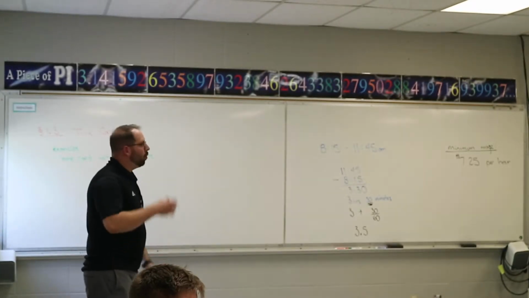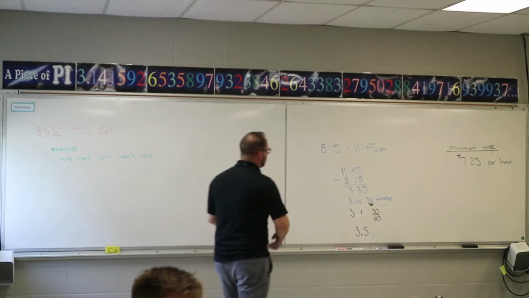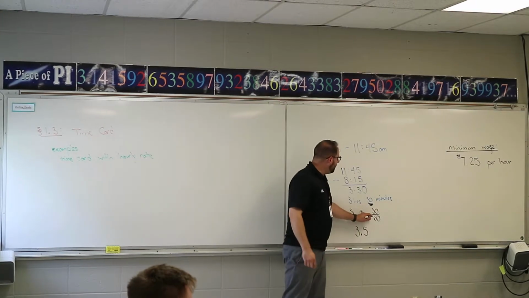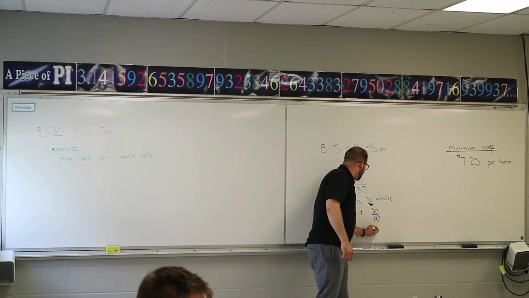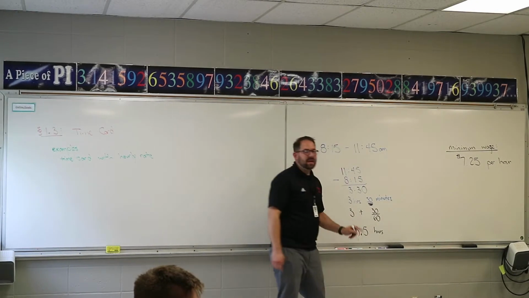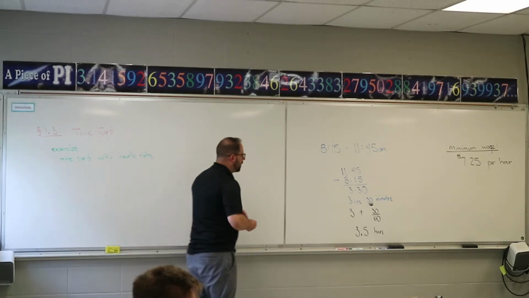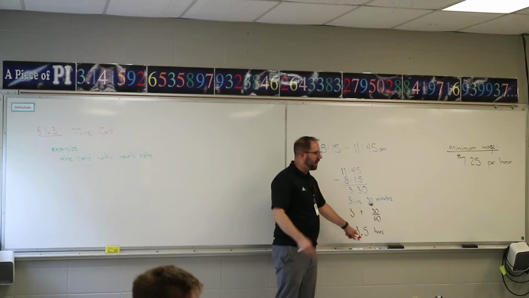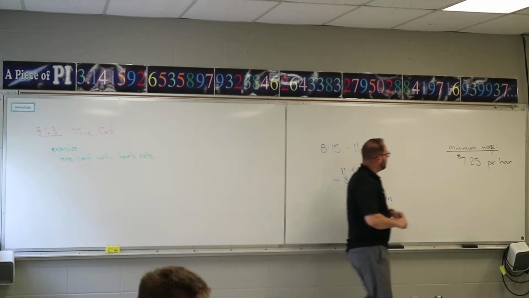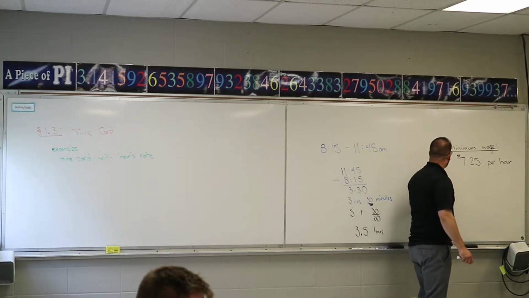Okay, here's the idea why I did that. Whatever that half is, the decimal, you add that directly to the 3, so now you're at 3.5 hours. That number is what you're going to use on the minimum wage. You're going to take that 3.5 times your hourly rate.